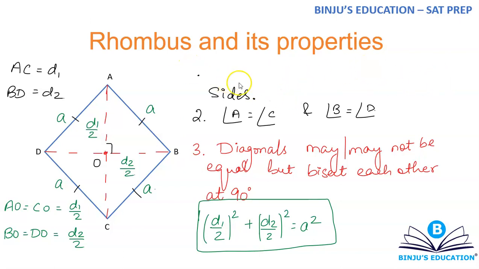Another thing which you need to remember, in this case, the diagonals bisect the vertex angle.